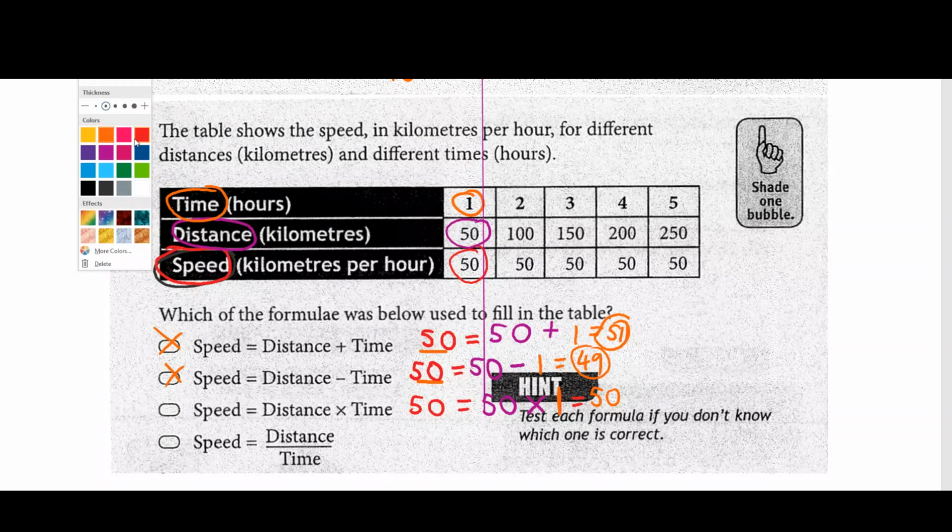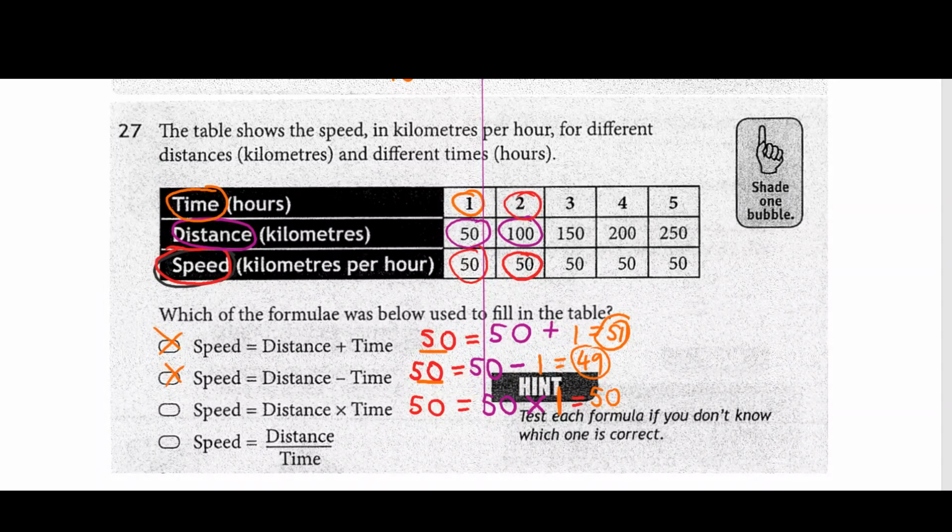Okay. So we've got our next one here. That's speed being 50. Our distance is 100. And our time is 2. Okay. So let's try with that one.